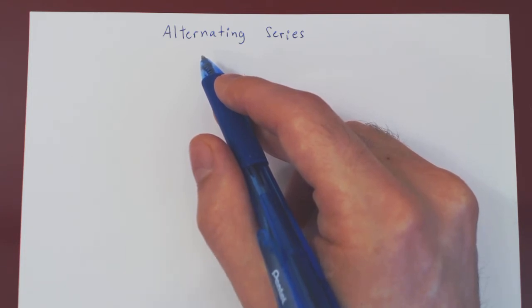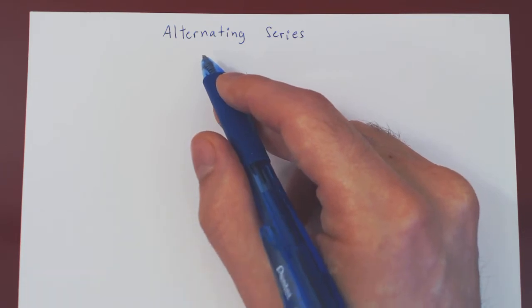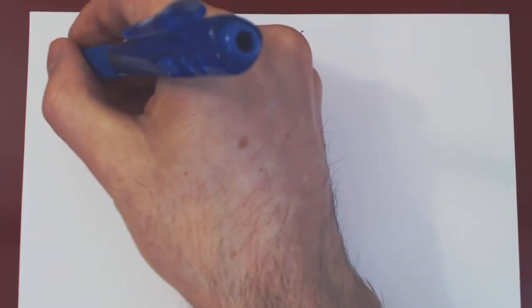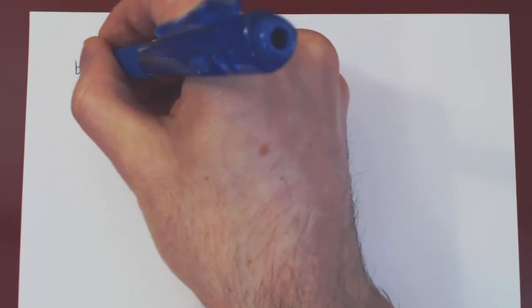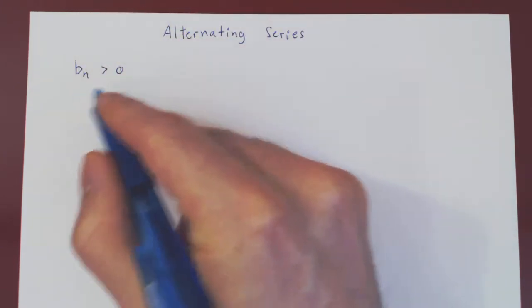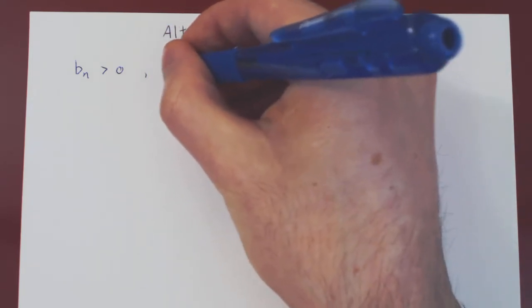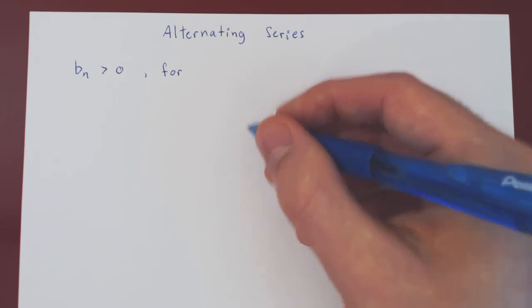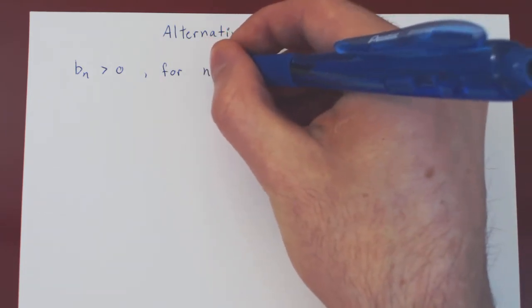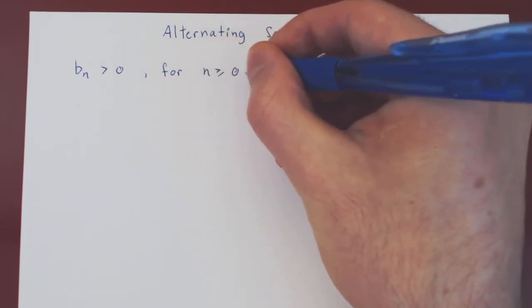And here's how we can very easily construct an alternating series. So we can take a positive sequence, so assume that b_n is positive for n starting at 0, but we could begin at any other point.